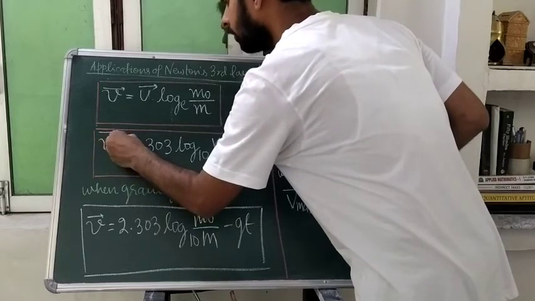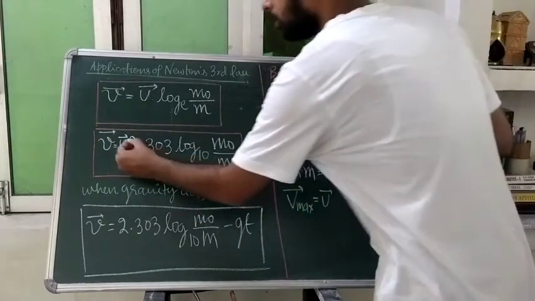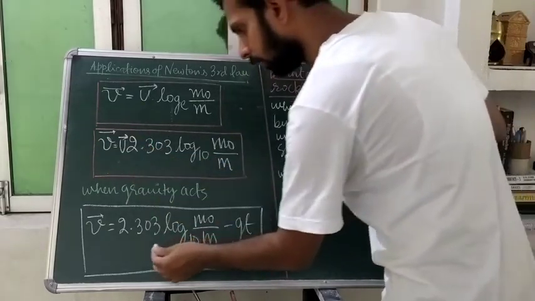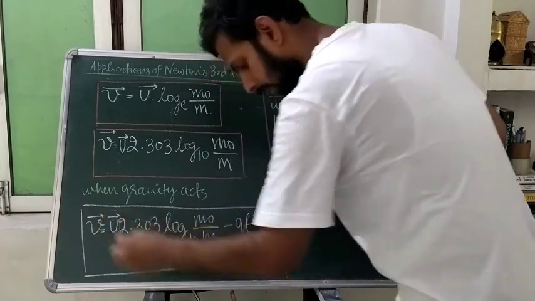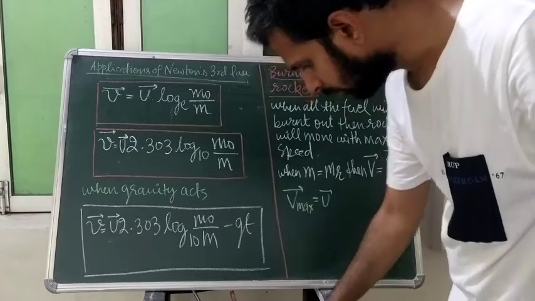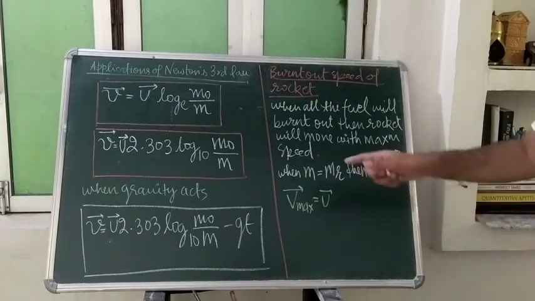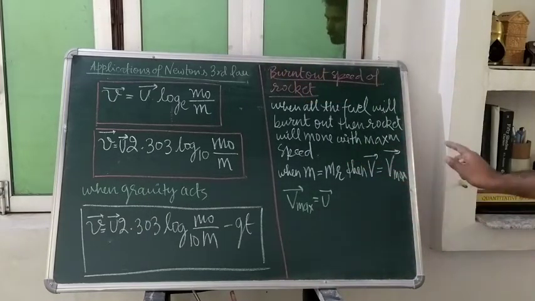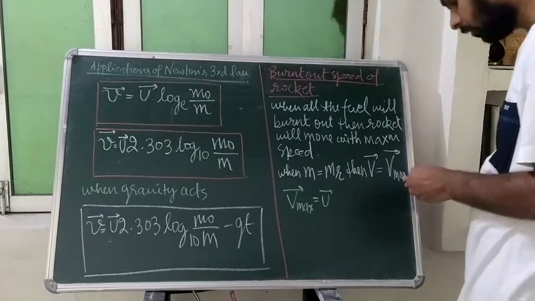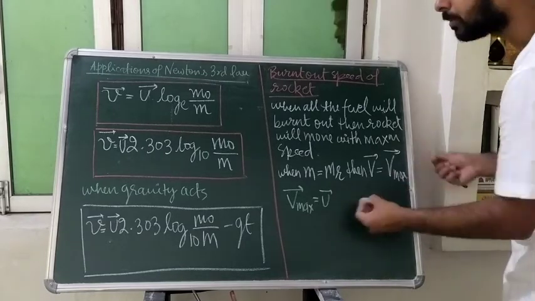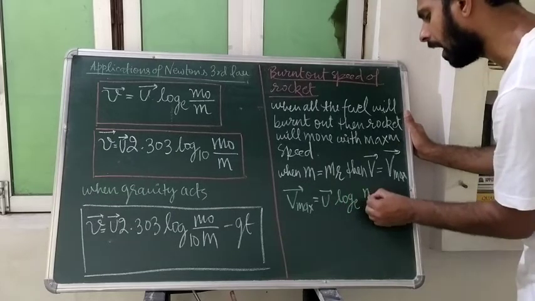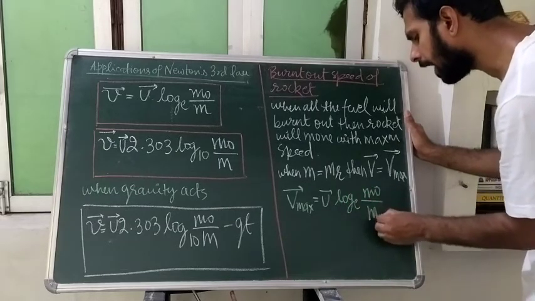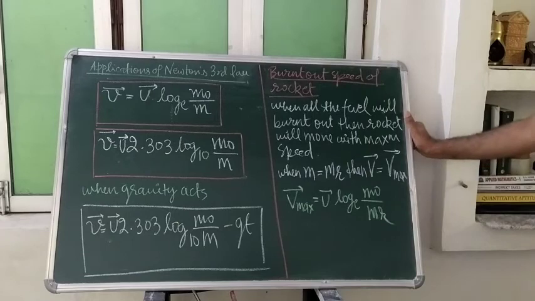I have forgotten to put that u in this case. Okay, you will put it there. So it will become u times log base e m naught divided by mr in this case. Getting?